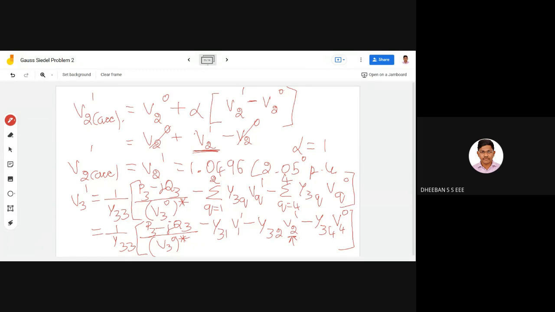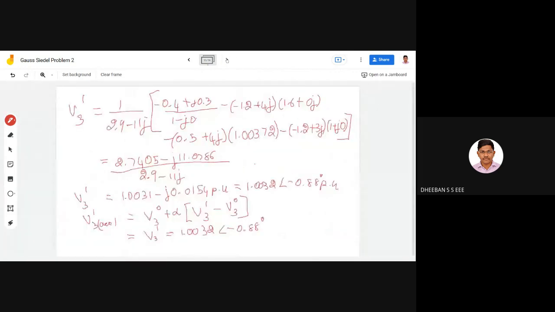For the V3 bus, you consider the value of the previous bus, V2, and for V4, you consider the bus V3. As they are connected with each other, they are interdependent.